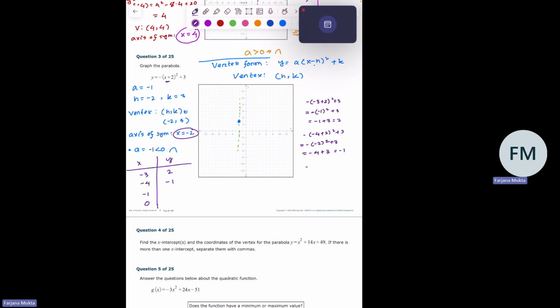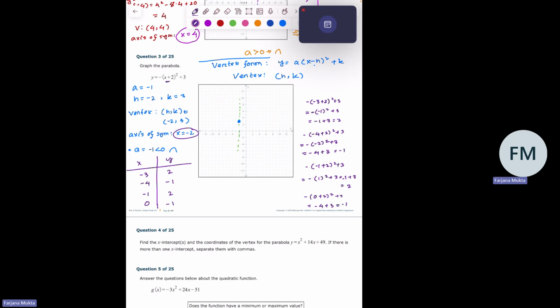For -1, it's negative of 1 squared plus 3, so -1 plus 3, which is +2. For 0, we get -4 plus 3, which is -1.